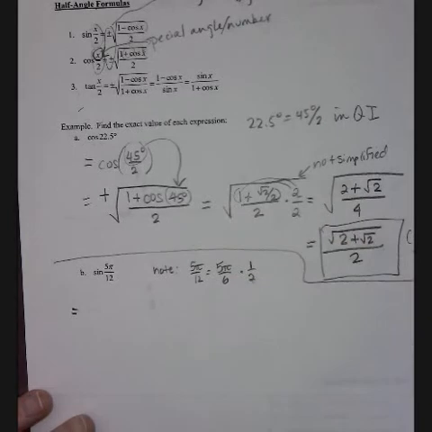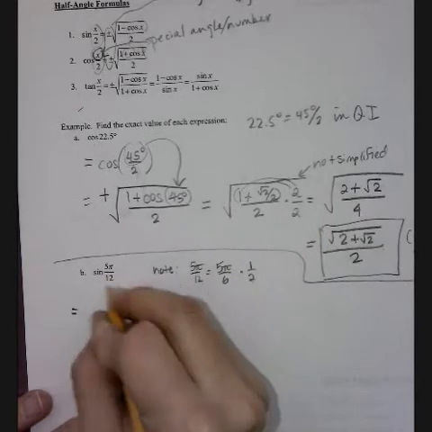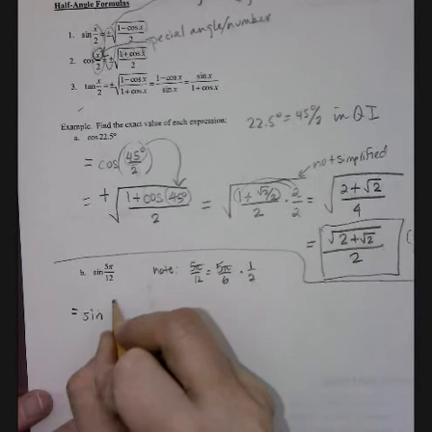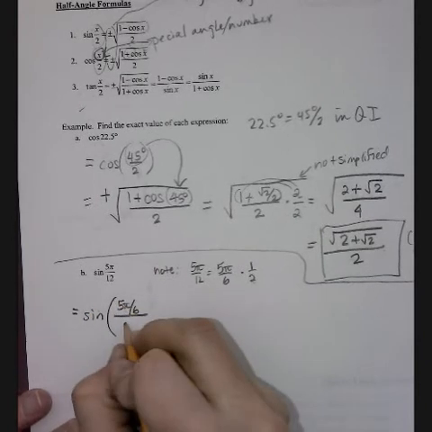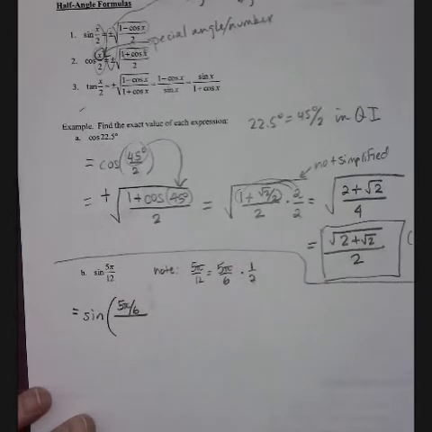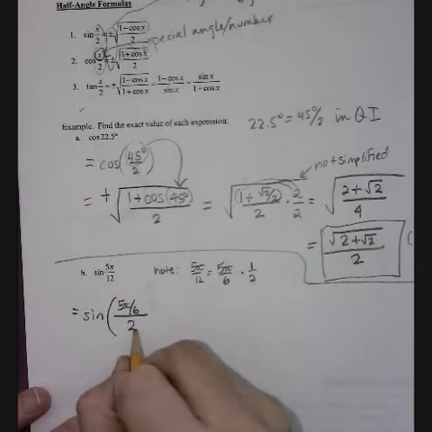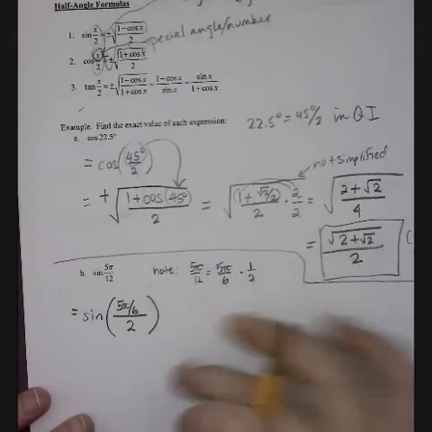So if we take this, write this as 5 pi over 6 over, what am I doing here? Over 2. Yeah. So, sorry, I lost my train of thought.